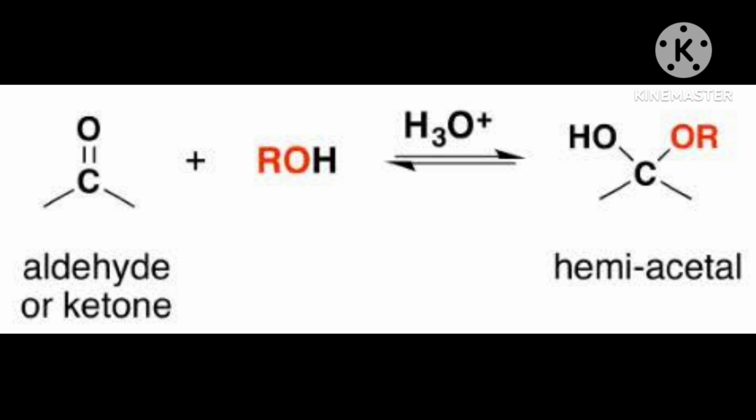Then now when another ROH is coming, what will happen here? That ROH, the second molecule of alcohol, has O negative, R positive. Now when this OH bond breaks and H goes, O will be negative. Then R dash, which is positively charged, will join with the oxygen, which is negative.